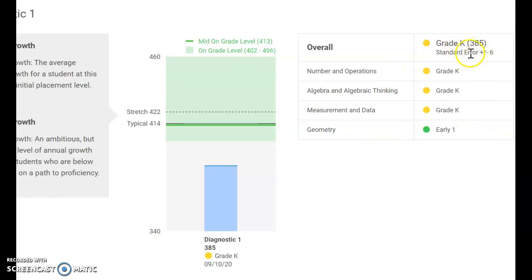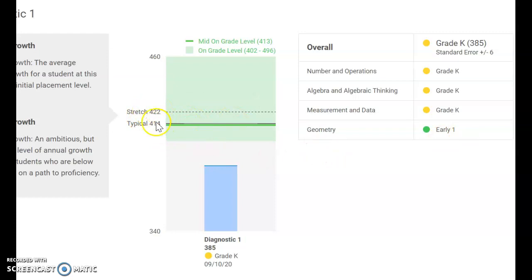The overall score, that's where I got the 385 and grade K. And this child's strength is in geometry, so it's early first grade, kind of right on grade level. Now the child will need assistance in the other areas, but I'm only going to pick the one that I'm going to focus on for this 9 weeks, so that way the child can get assistance as we're doing lessons, and hopefully we can fill in any gaps so the child can be successful in core classes.